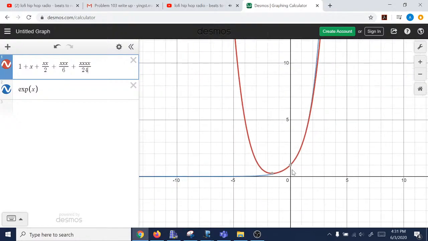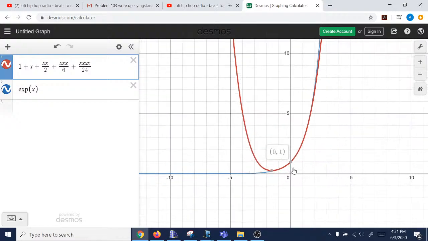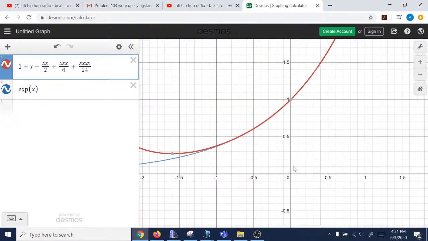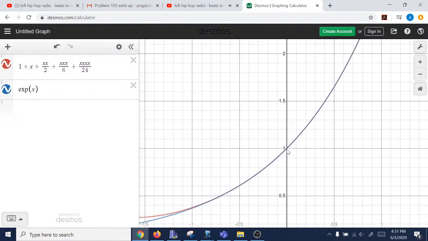If I zoom out, e to the x is never going to equal any particular polynomial. But at any particular point, and in particular close to 0, the special place where I was defining the polynomial using the information about e to the x at 0, I get a really good approximation.